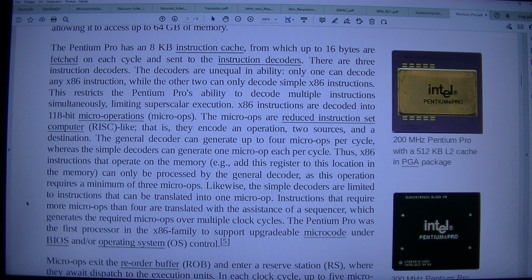Instructions that require more than 4 micro-ops are translated with the assistance of a sequencer, which generates the required micro-ops over multiple clock cycles. The Pentium Pro was the first processor in the x86 family to support upgradable microcode under BIOS and/or operating system (OS) control.